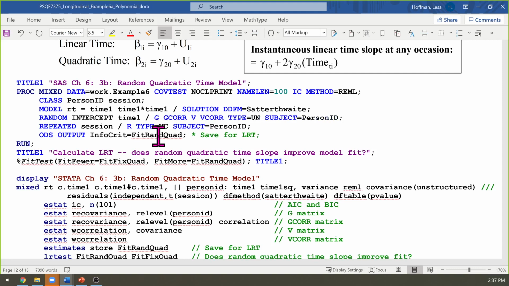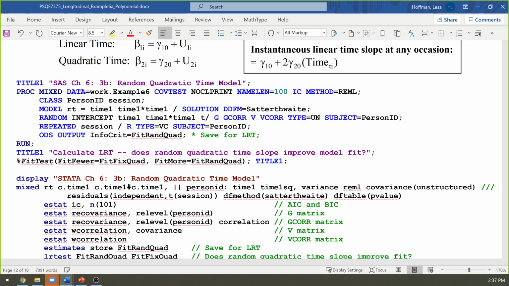If I go from a model where I add a random intercept, now there's 1 thing on the line, that's one degree of freedom. If I then add my random linear slope, that's 2 things on the line, so that's 2 degrees of freedom. If I add in my quadratic slope, that's 3 things on the line, that's 3 degrees of freedom.